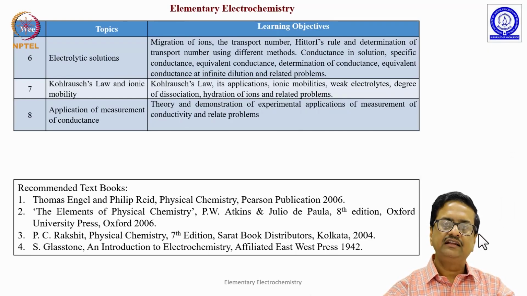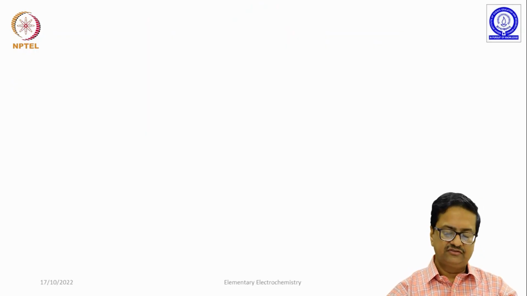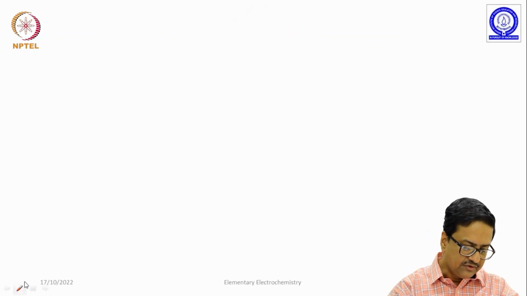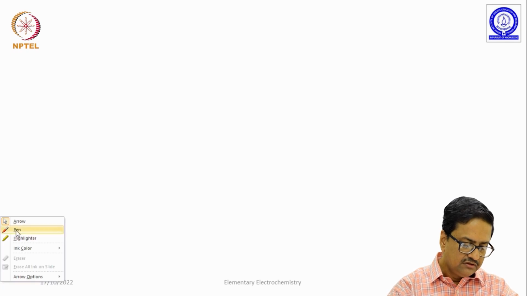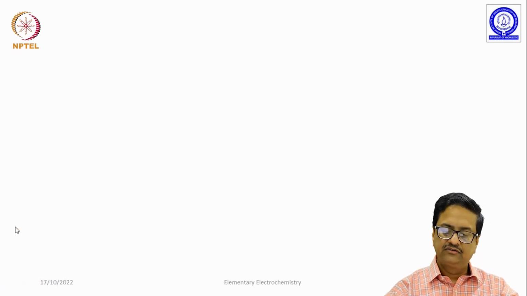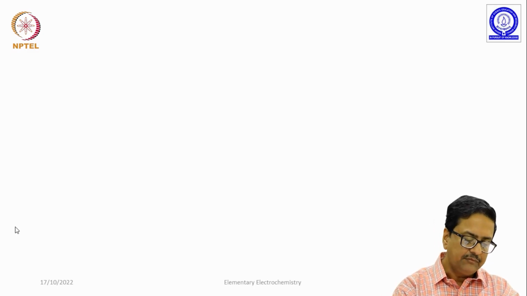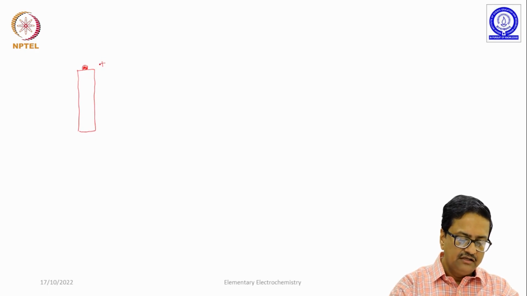When you have studied in your class 12, you might have studied a little bit about electrochemistry, in the sense that when you have a battery, normally when we see a battery in our house, it looks like this, isn't it? The upper end is the positive terminal and the lower end is the negative terminal.